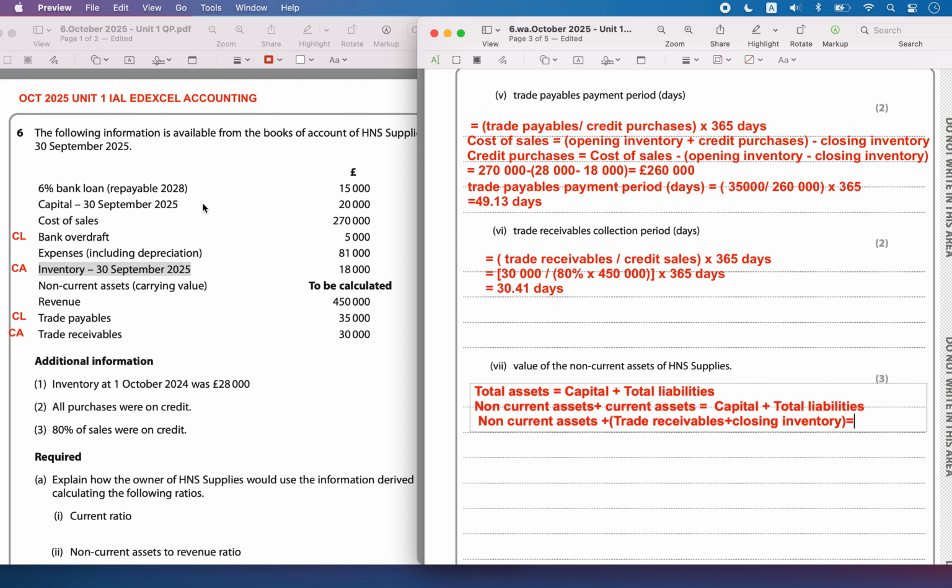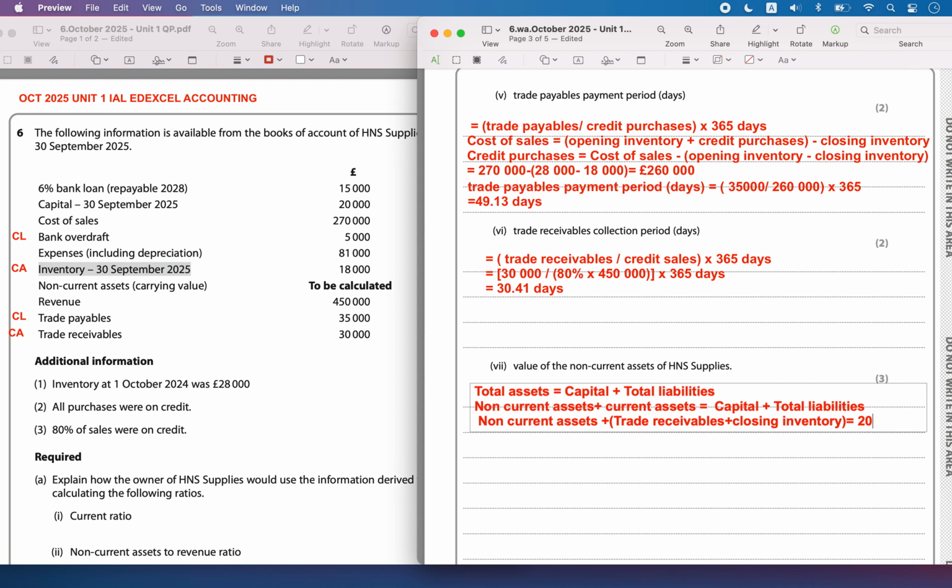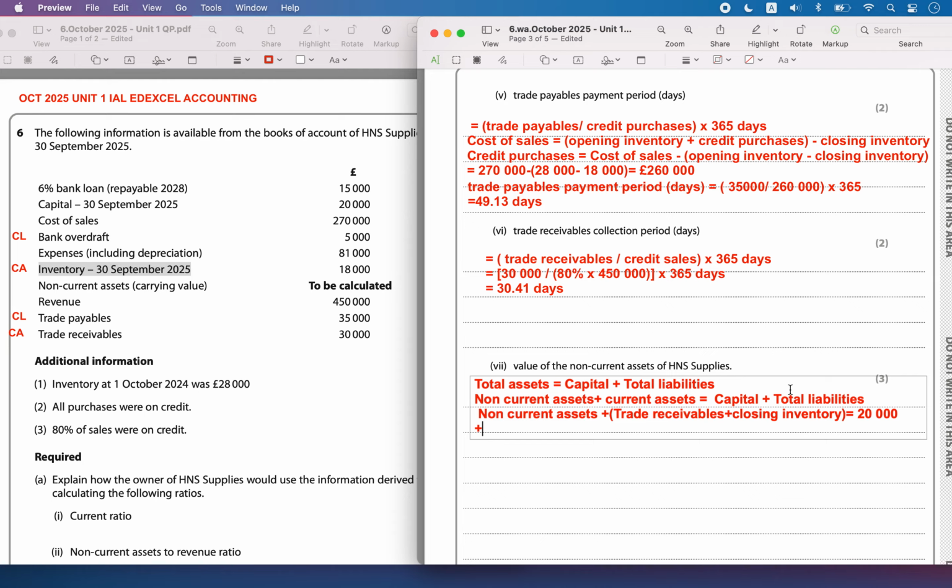That is equal to, we know the capital, which is directly given, 20,000, plus the total liabilities.